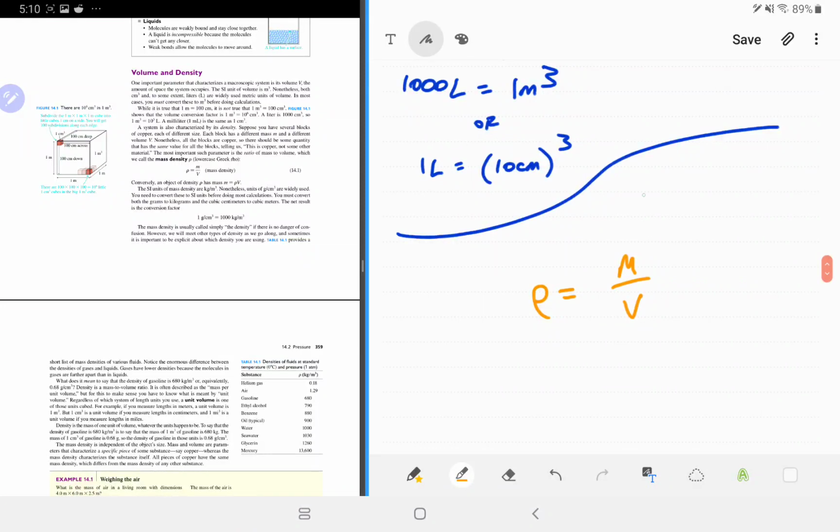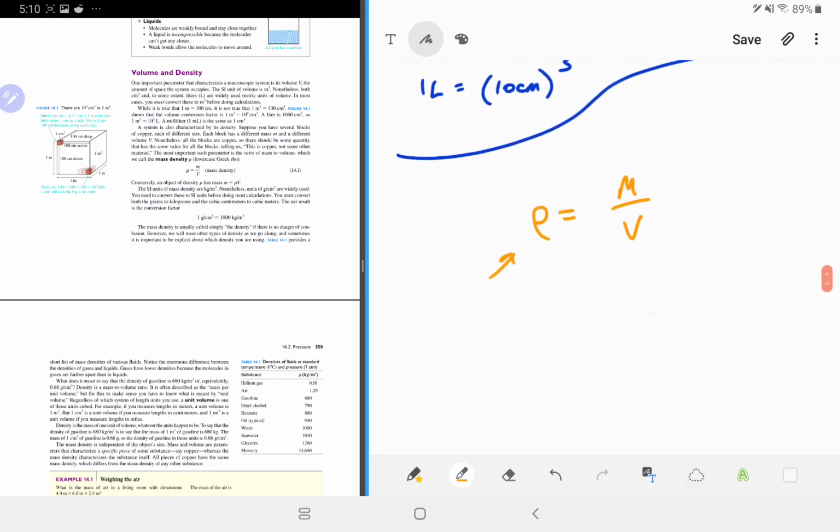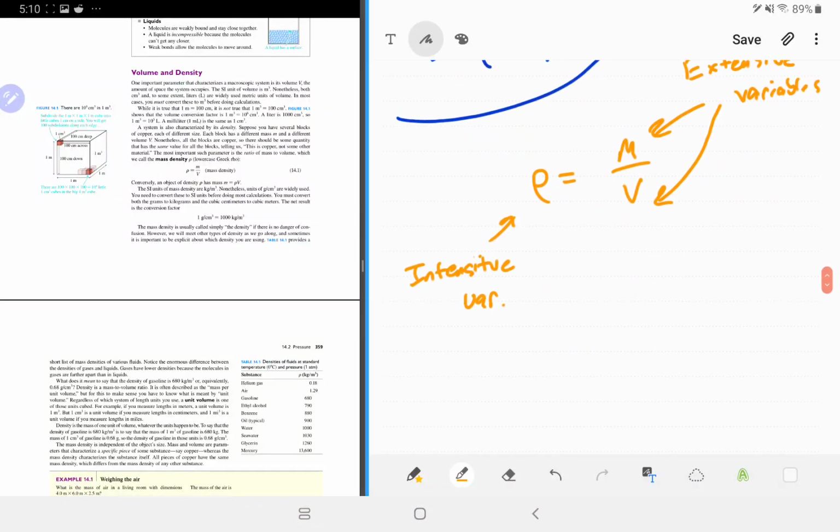First of all, I'm just going to mention that rho is an intensive variable, whereas mass and volume are extensive variables. So what does that mean? Okay, so suppose I had a bar of gold.